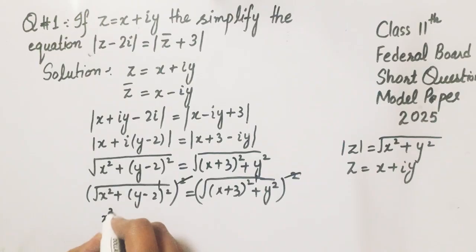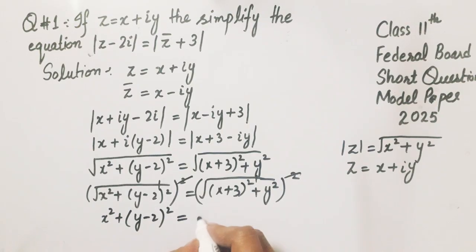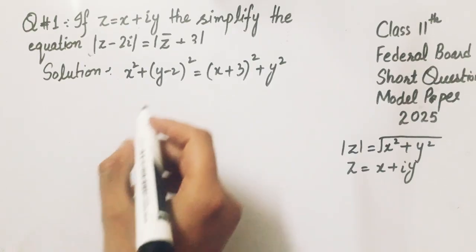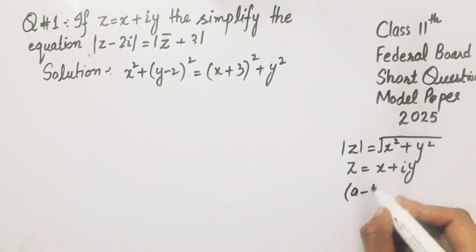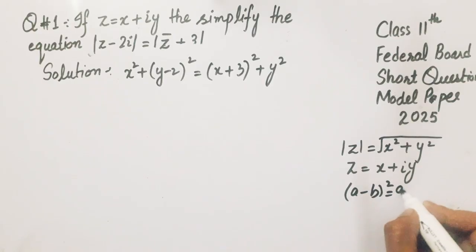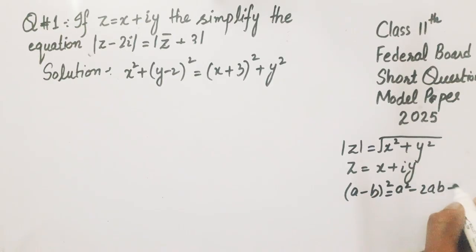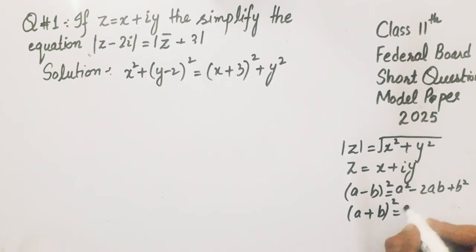We have x square plus y minus 2 square, and this is equal to x plus 3 square plus y square. Now we will solve this. Now we will open the square of this. Here we apply the formula of a minus b whole square, which is equal to a square minus 2ab plus b square, and a plus b whole square, which is equal to a square plus 2ab plus b square.